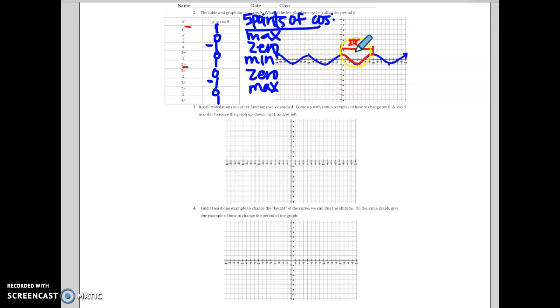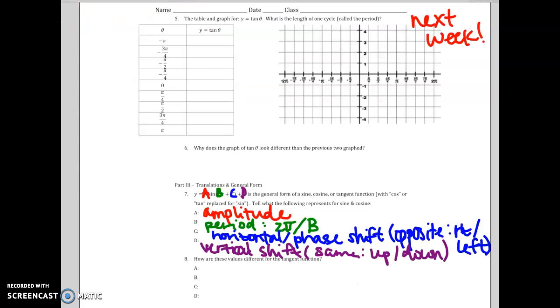Period here is 2 pi. So if I just took that whole thing and shifted it to the right, we'd see this part again. If I took this whole thing, shifted it to the left, we'd see this again. So it's that repeating pattern of going all the way around the circle. Pretty cool. Again, I think you should watch those YouTube videos that I'm going to post as well. It's kind of cool to see.